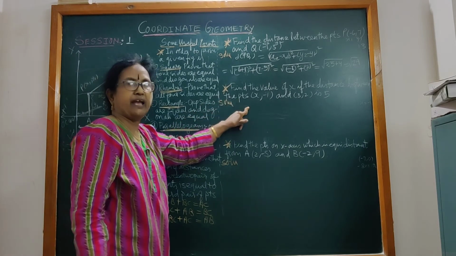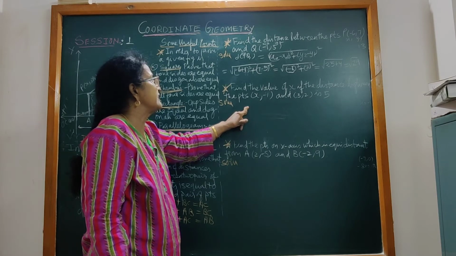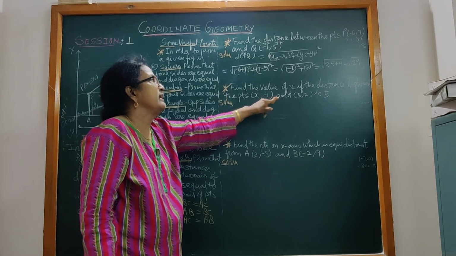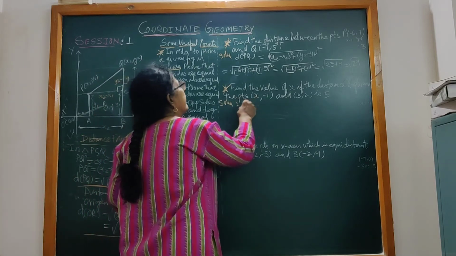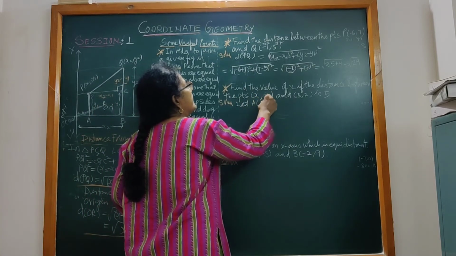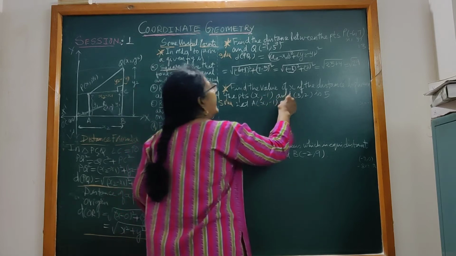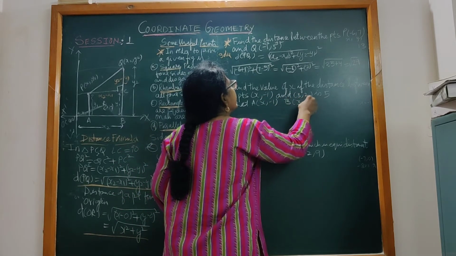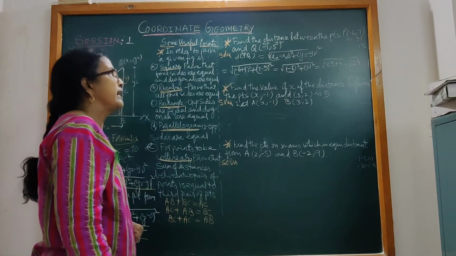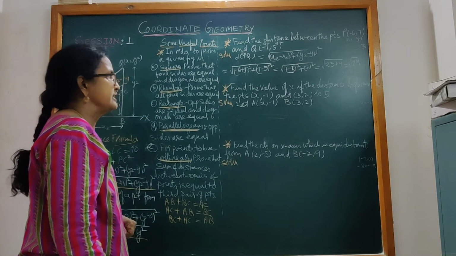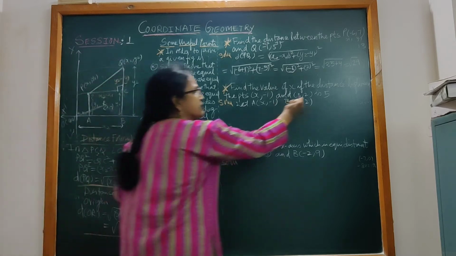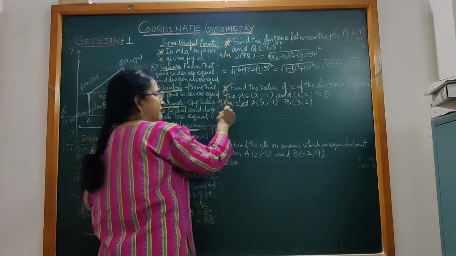Find the value of x if the distance between the points (x, minus 1) and (3, 2) is 5. Suppose I am taking the coordinates of A as x, minus 1 and the coordinates of B as 3, 2. The distance is already given, 5.